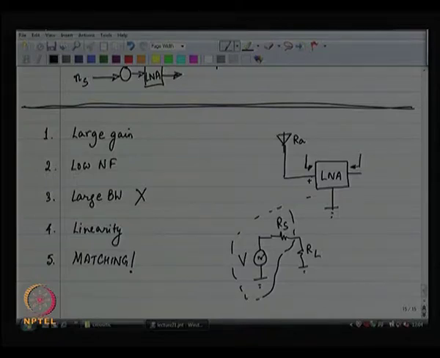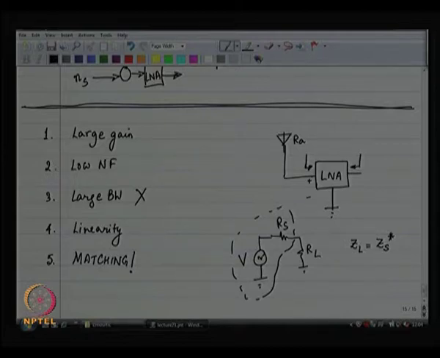So, the maximum power transfer theorem was that if RL is equal to RS conjugate, in the general case, if RL is equal to RS conjugate, then I am going to get maximum power transfer. All right, and maximum gain as a result. So, this happens only when I say that RS is part of the voltage source that we are seeing.